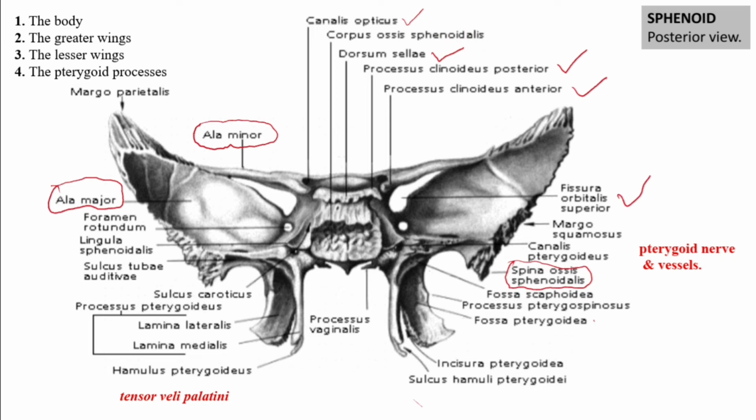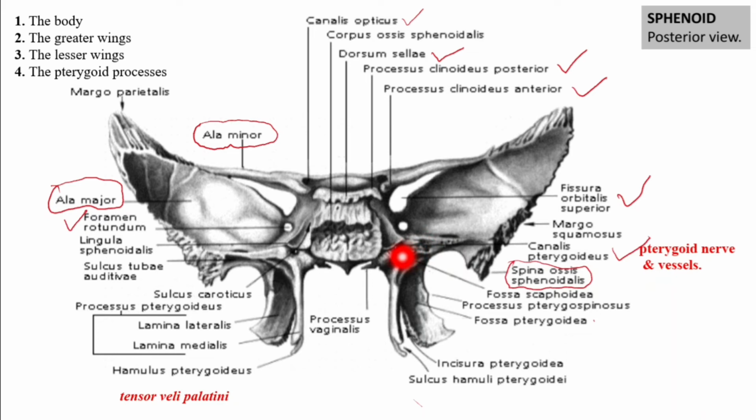With the foramens, or the openings, going downwards, here is the superior orbital fissure, fissura orbitalis superior. Going down, the next one is the round foramen, foramen rotundum, labeled here. Further down there is a canal, the pterygoid canal, canalis pterygoideus.